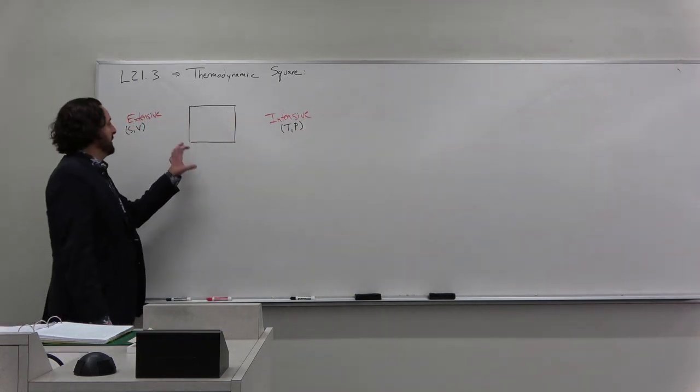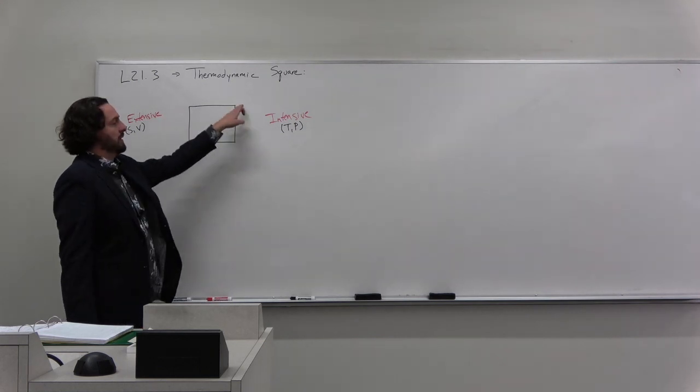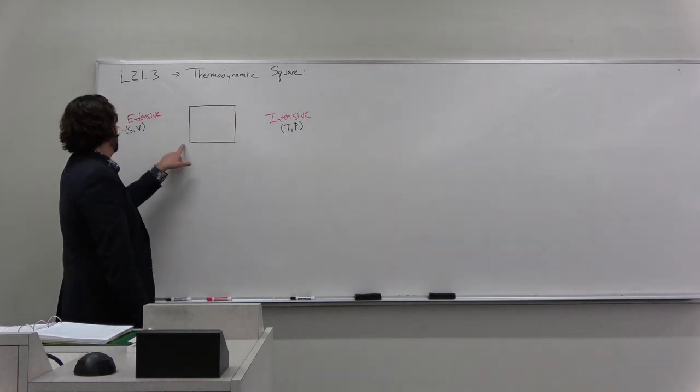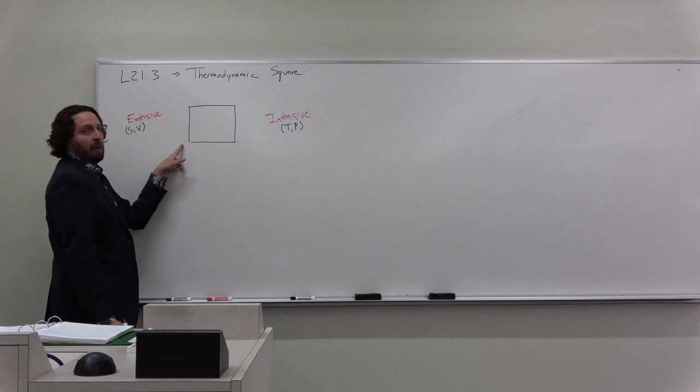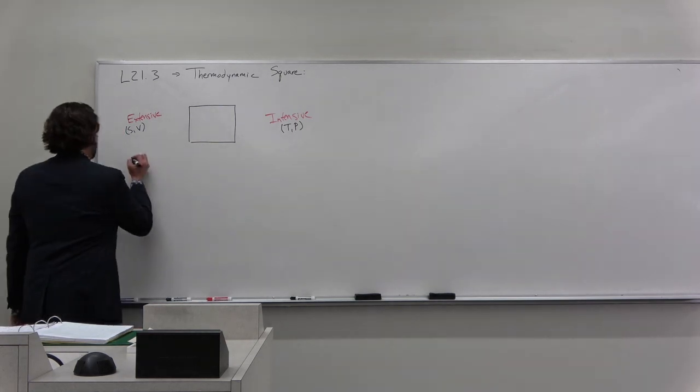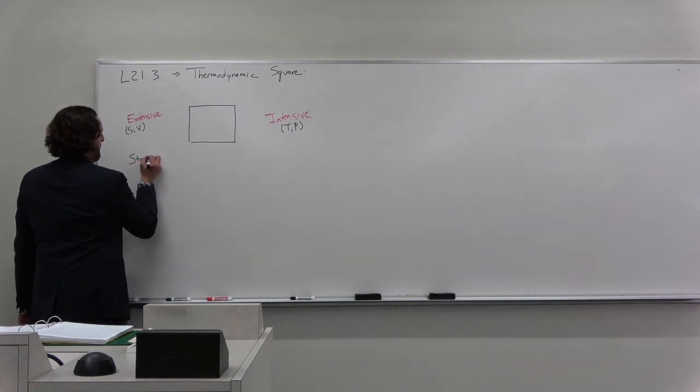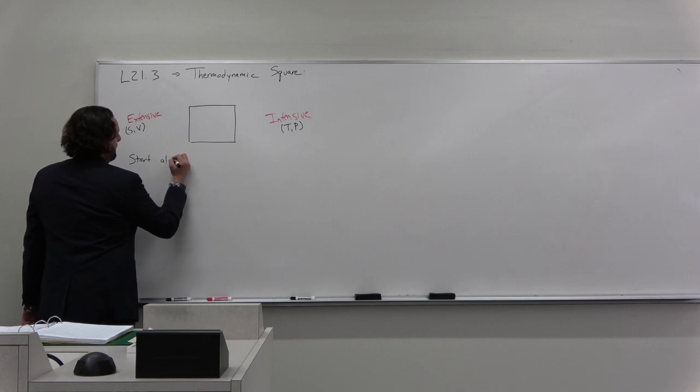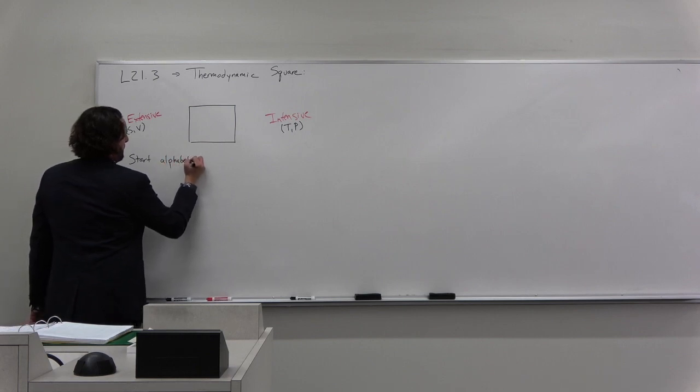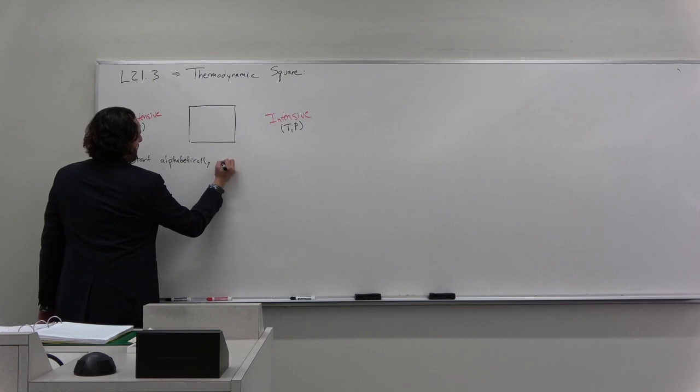Okay, so we need to label these corners with our four thermodynamic variables. We're going to start alphabetically on the bottom.